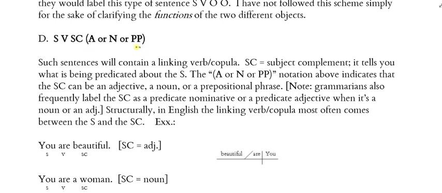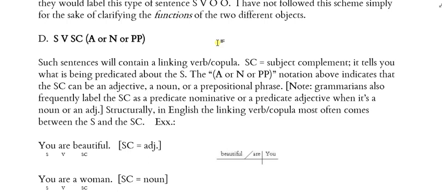The AN or PP here stands for adjective, noun, or prepositional phrase. That is to say, I could assert that a subject is or was an adjective, pretty, a noun, a man or a woman, or a prepositional phrase telling location.